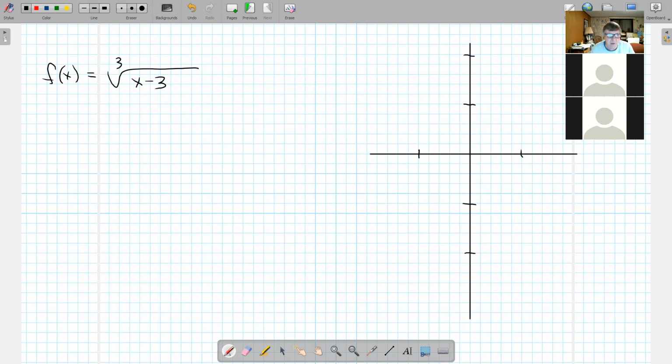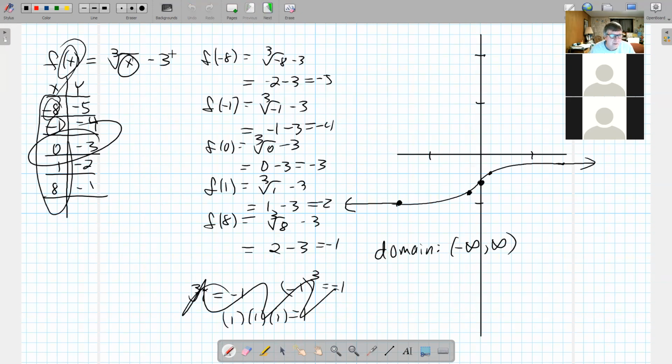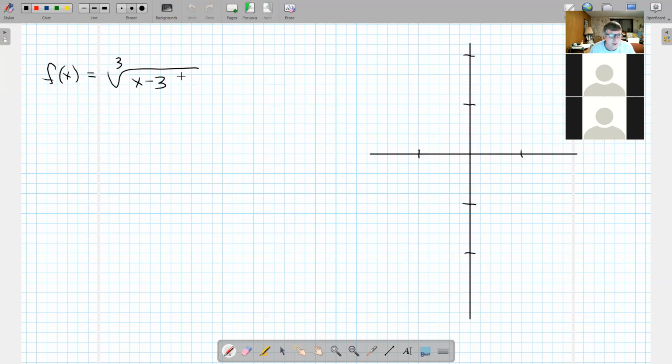Now, let's go back to the one here. This is the cube root of x, but the minus 3 is outside the radical. This is the cube root of x minus 3, so that whole thing is inside the radical, okay?